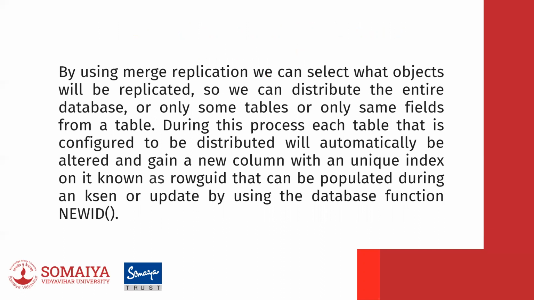So we can distribute the entire database, or only some tables, or only some fields from a table. During this process, each table that is configured to be distributed will automatically be altered and gain a new column with a unique index on it, known as rowguid, that can be populated during an insert or update by using the database function NEWID.